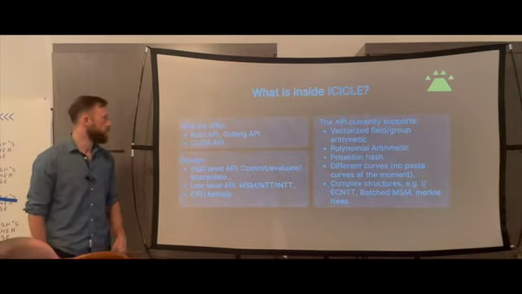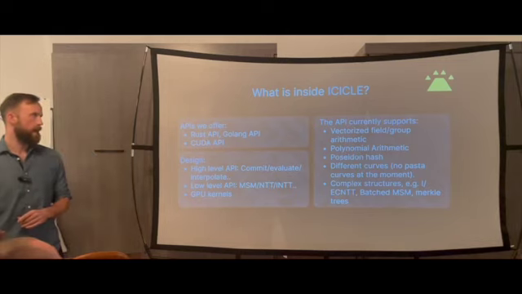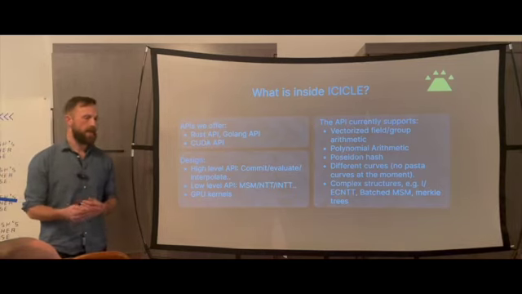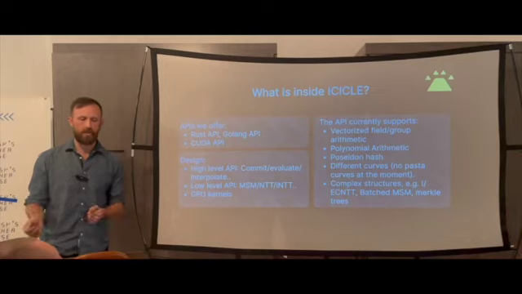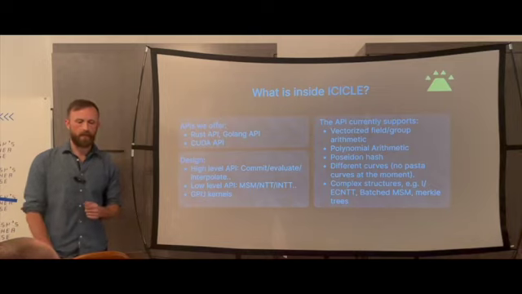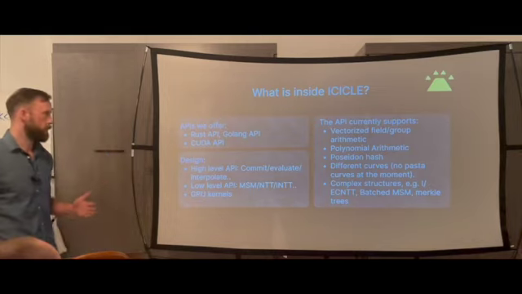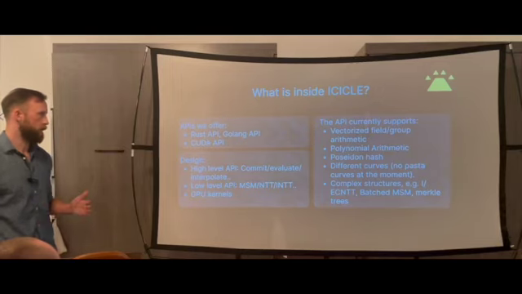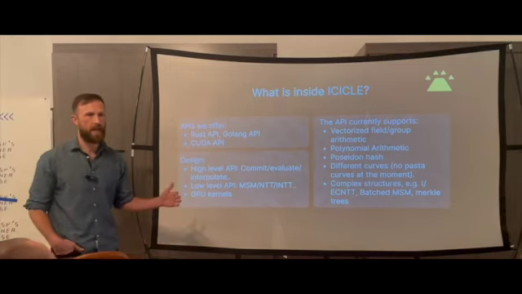What's inside Icicle? We have a high level Rust API, a Golang API, and you can also access the CUDA API directly. The design is to be very high level to enable protocol developers to directly unlock the power of the GPU without having to drop down to the CUDA level.